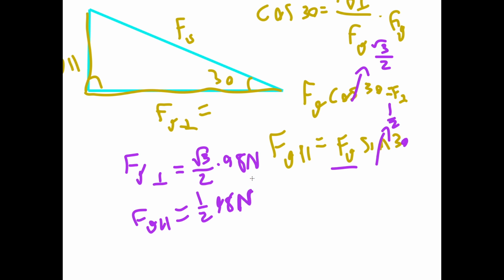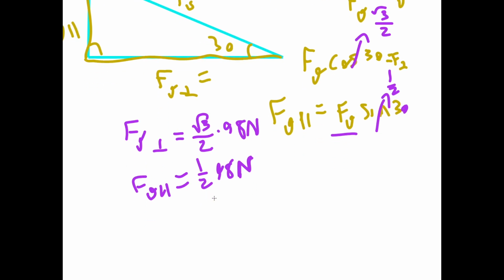Now, the easiest one to solve here is 1/2 98 newtons, which is just 98 newtons divided by 2, which is 49 newtons. Okay, now let's figure out the other one.